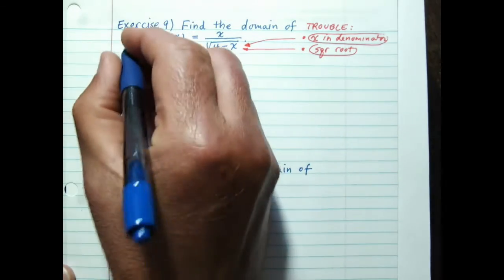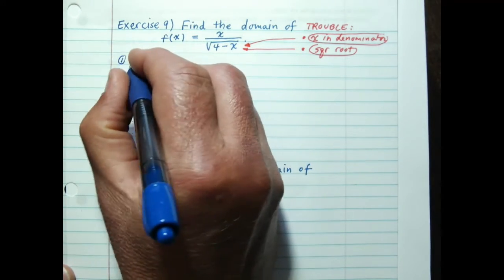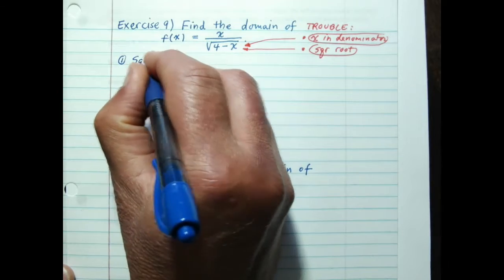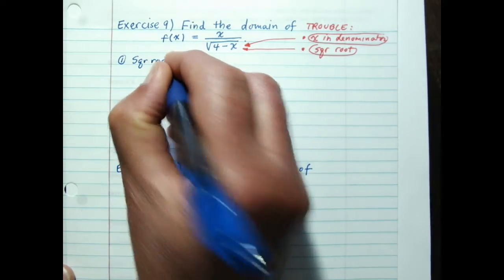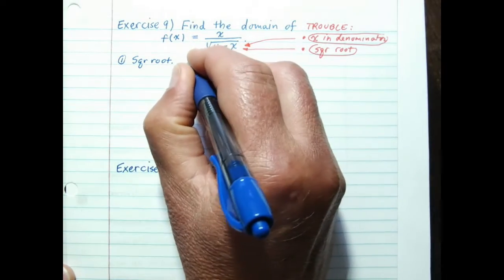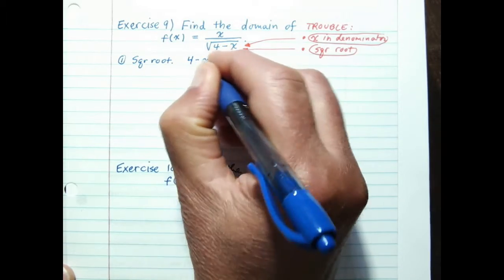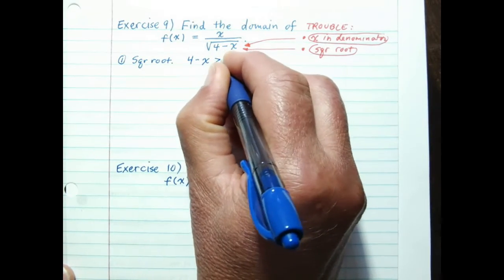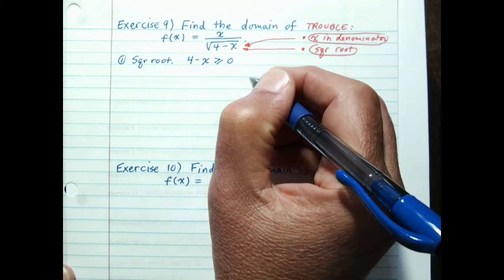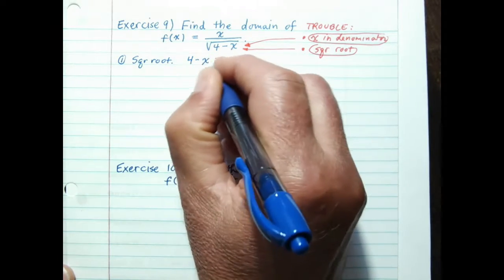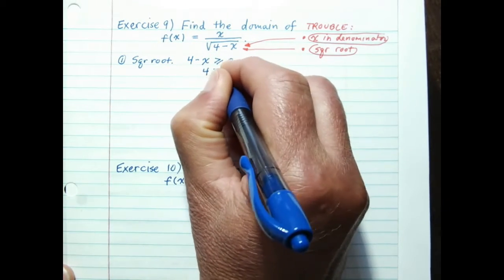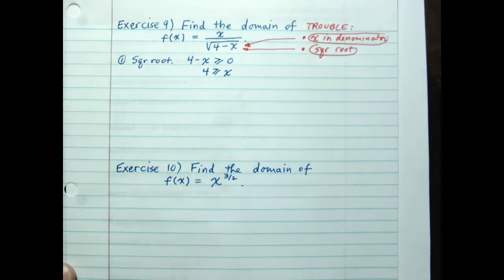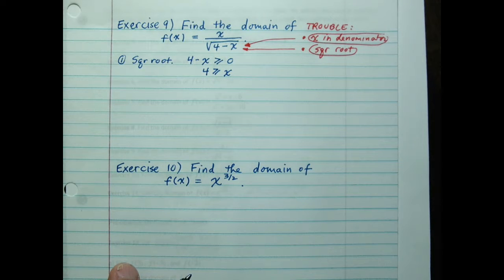So let's first look at the square root trouble. Inside the square root, we have 4 minus x. That's got to be greater than or equal to 0. Now I can just add x to both sides to say 4 is greater than or equal to x.